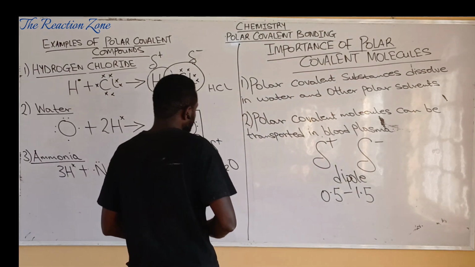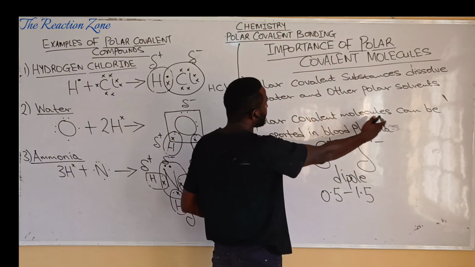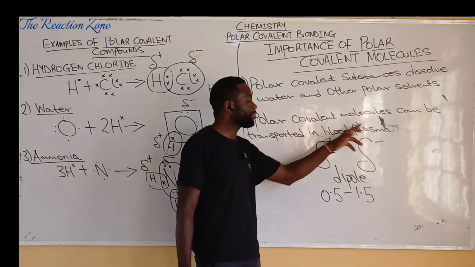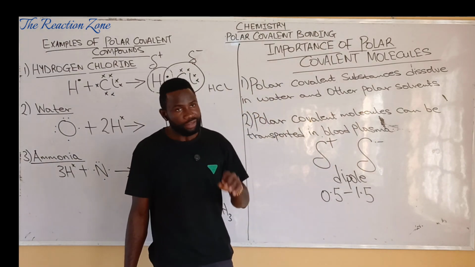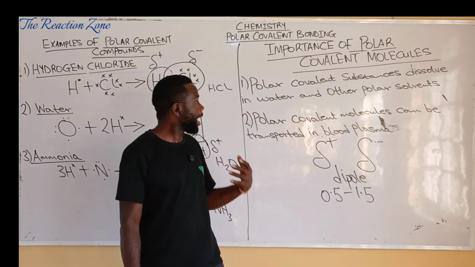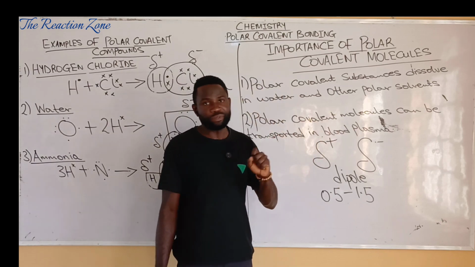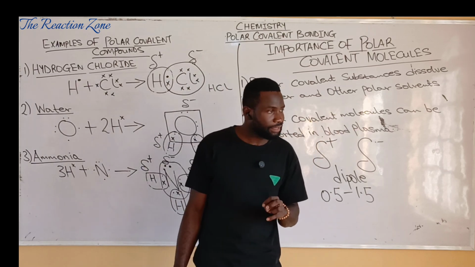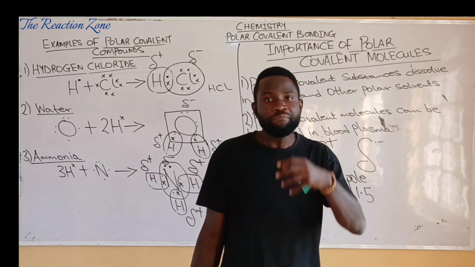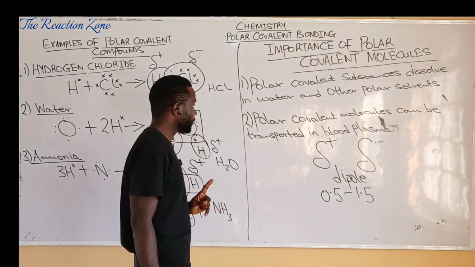The second one is that polar covalent molecules can be transported in blood plasma. It is important for us to know that plasma is the fluid component of blood. And plasma is 90% water, meaning that plasma is composed mainly of water, and water is polar covalent.